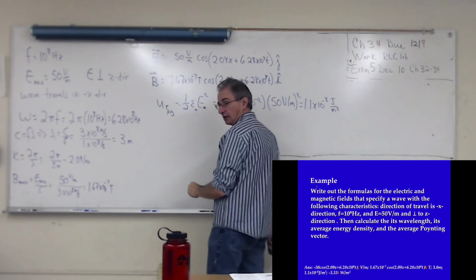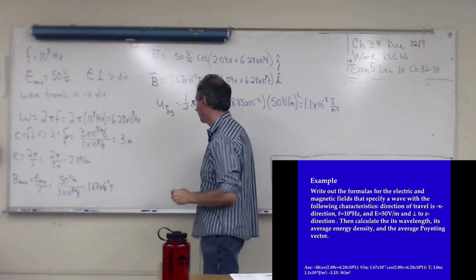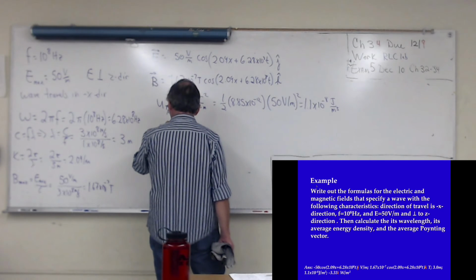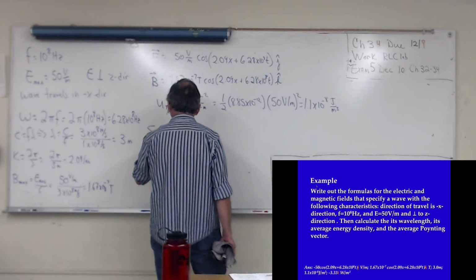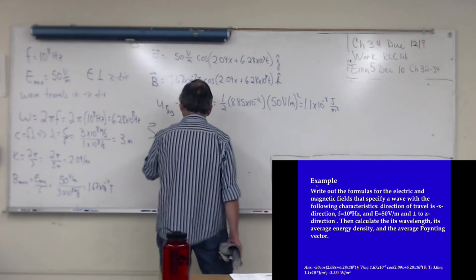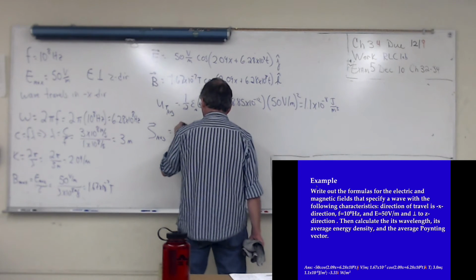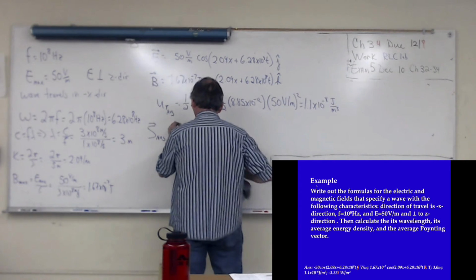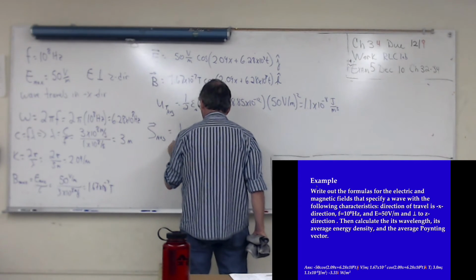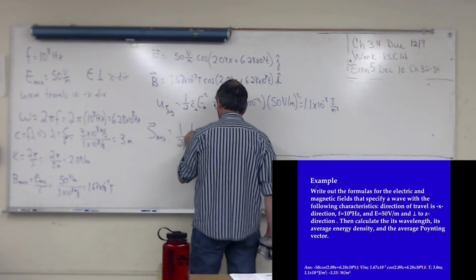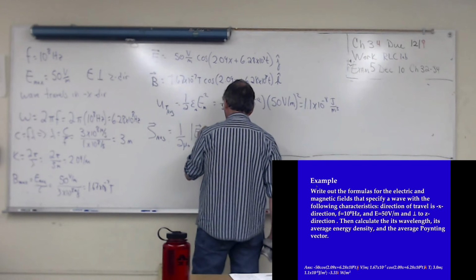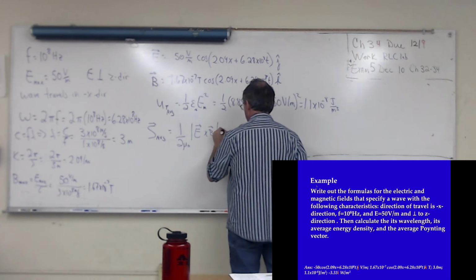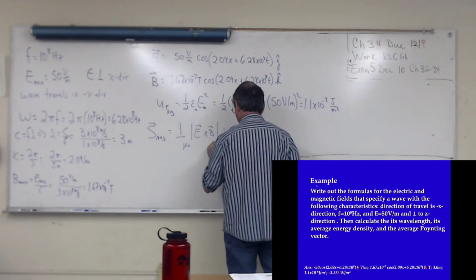And then the Poynting vector, it wants the average Poynting vector. Oh, it's going to be this, sorry. Let me write it this way.